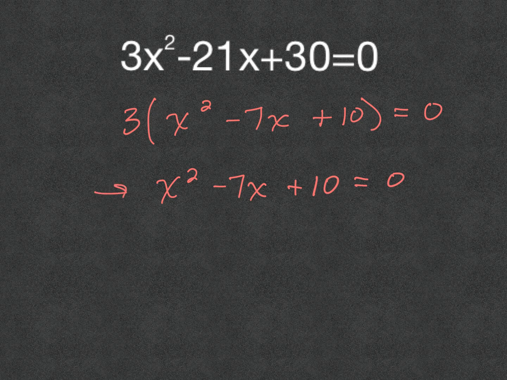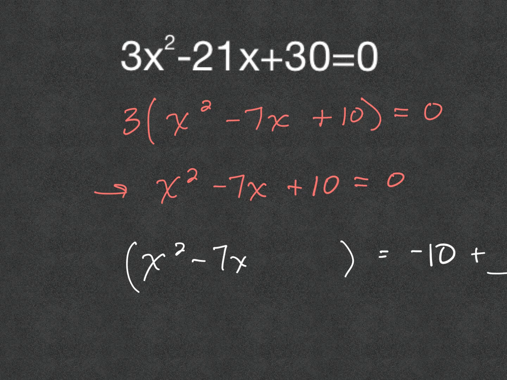Try solving using the completing the square method: x squared minus 7x plus 10 is equal to 0. Pause the video, I'll be right here. Okay, now, what do we want to do? Again, same thing. We're going to have x squared minus 7x, parentheses, equal to, we moved the 10 to the other side, plus a space.